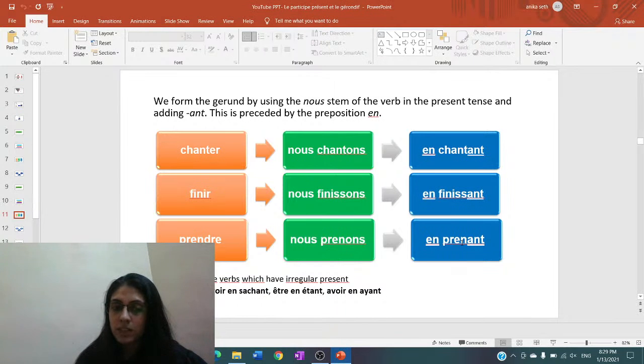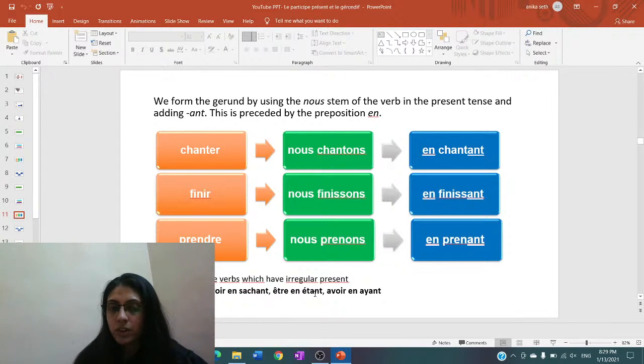Then here also, the same three verbs which were irregular in the present participle have an irregular form of the gérondif. Savoir, since it was an irregular present participle, the gérondif will also be en sachant, être will be en étant, and avoir will be en ayant.